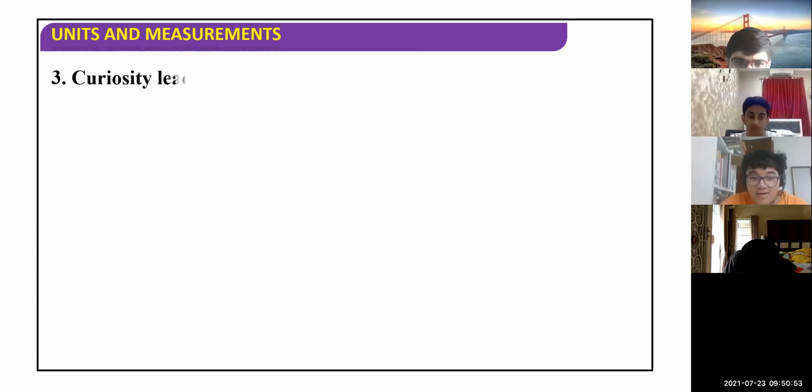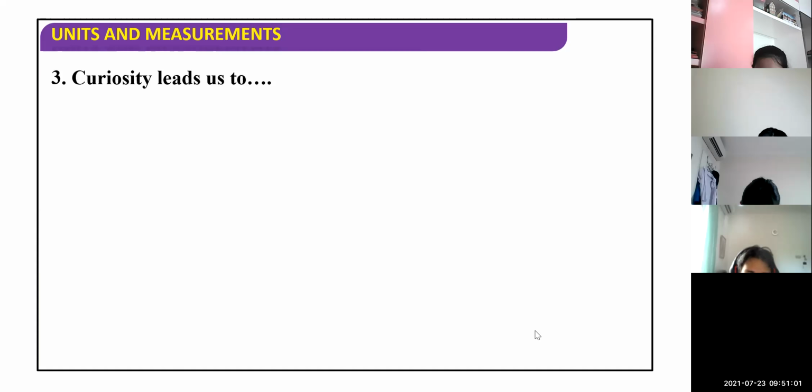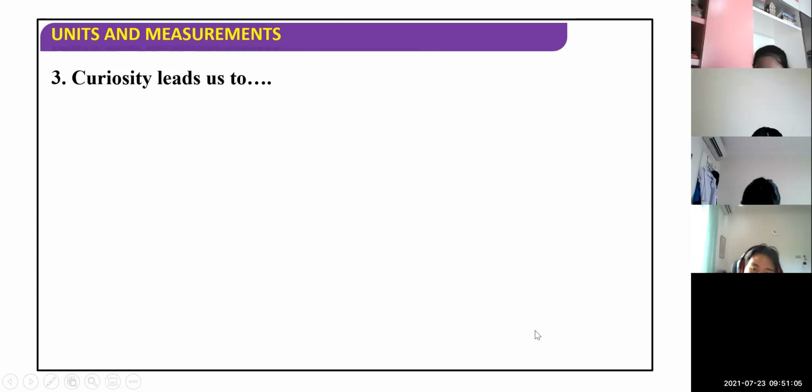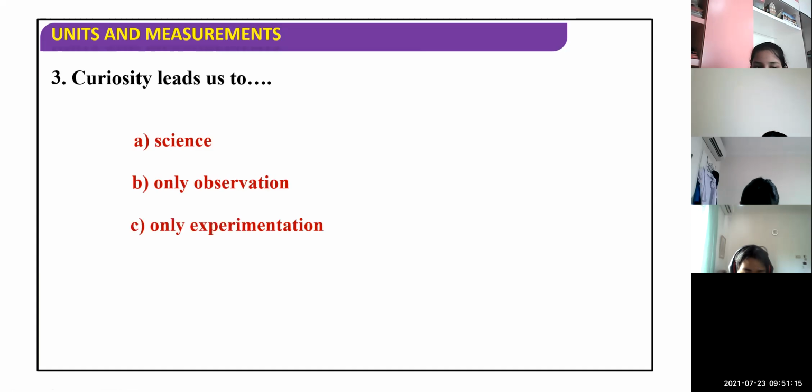Now the third question: curiosity leads us to, and this question is for Arshdeep Kaur. The options are science, only observation, only experimentation, none of these.